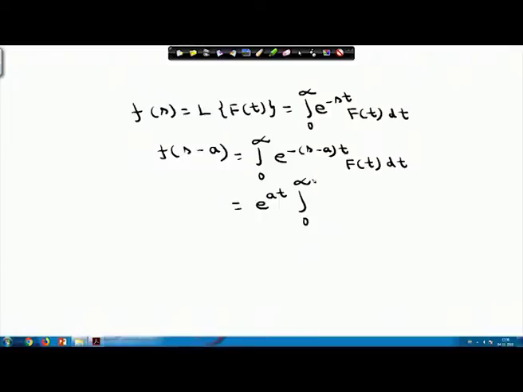Sorry, I cannot bring it outside the integral, because t is there. So, I can write it as 0 to infinity e^(-st) into e^(at) f(t) dt.